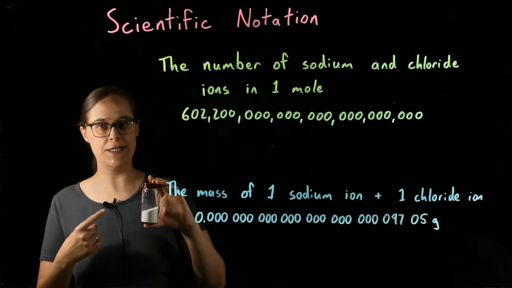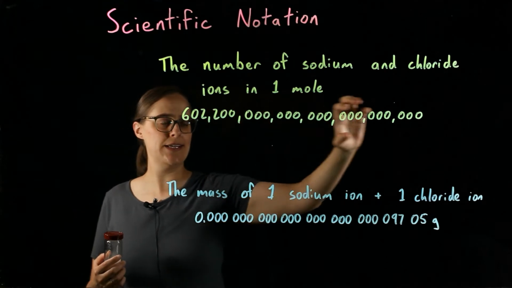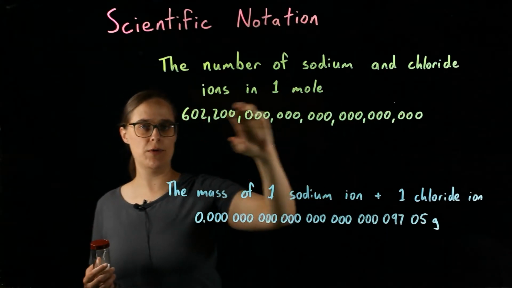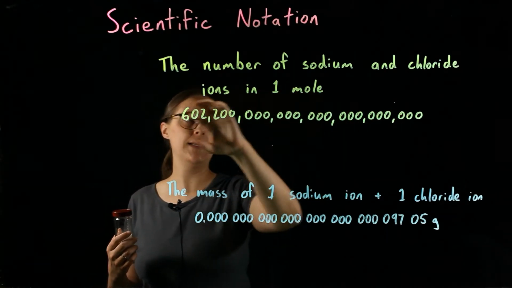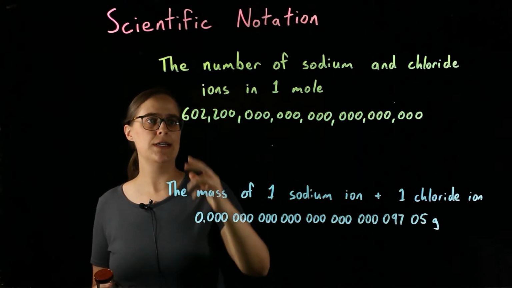So this jar contains 1 mole of sodium chloride. That means that this enormous number is the number of sodium ions in the jar, and we have this same number of chloride ions in this jar.